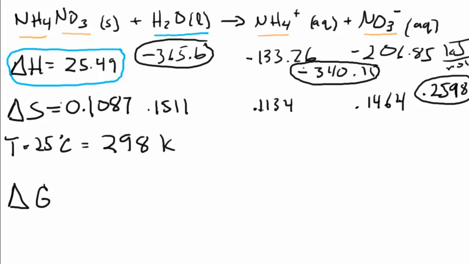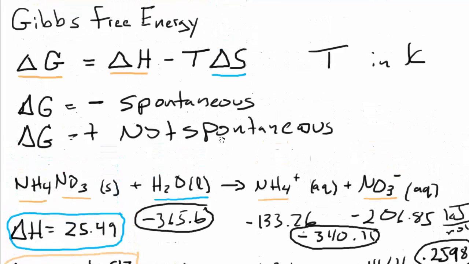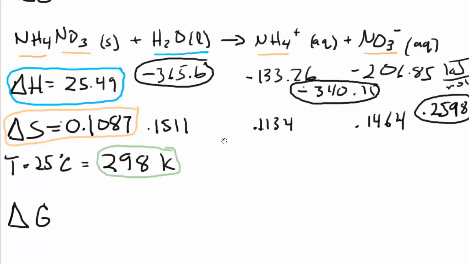So we found our enthalpy change, which is one term that we need. We found our entropy change by calculating. And we were given our temperature. So now we can calculate our Gibbs free energy. Let's just refresh what the formula is. It's the enthalpy change minus the temperature times the entropy change.